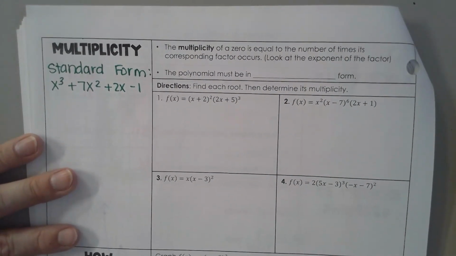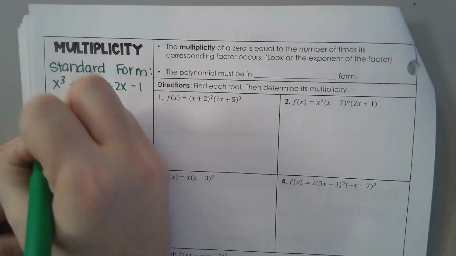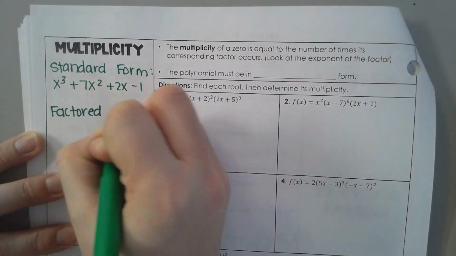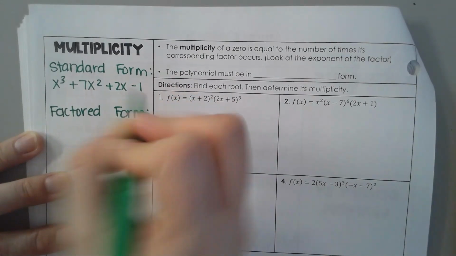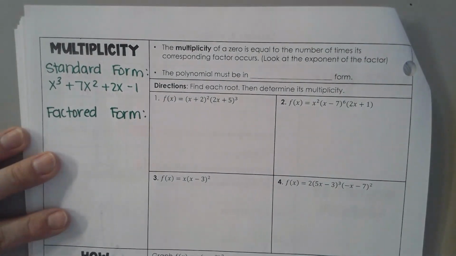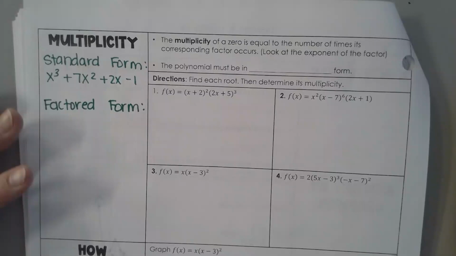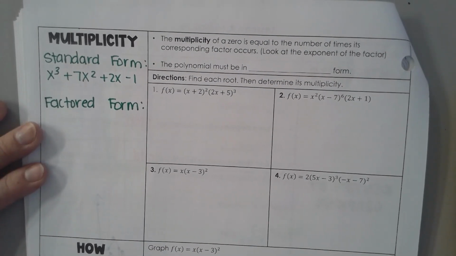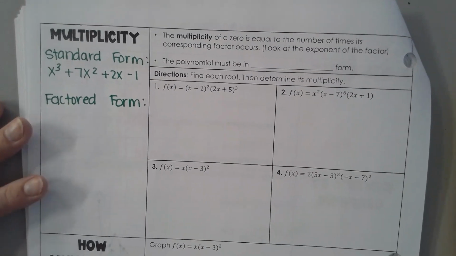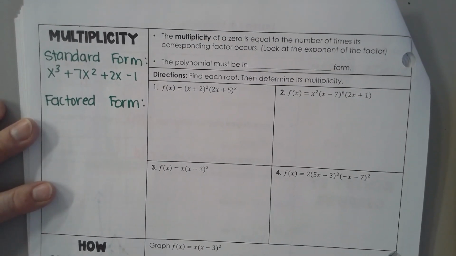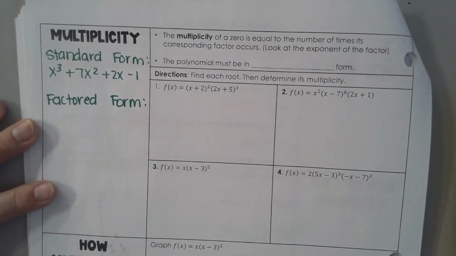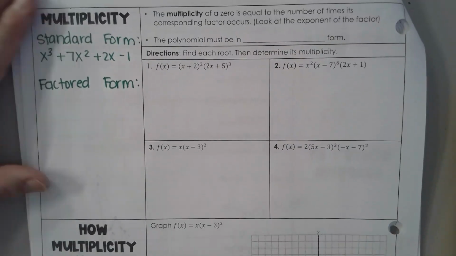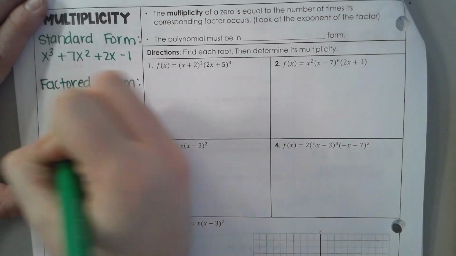Sometimes we will have a polynomial in what's called factored form. And we factored quadratics in Unit 5. We're going to be spending a lot of time over the next few lessons factoring polynomials that aren't just x squareds. So we're going to be learning some new factoring methods. And so when we factor, we might have something that looks like this.